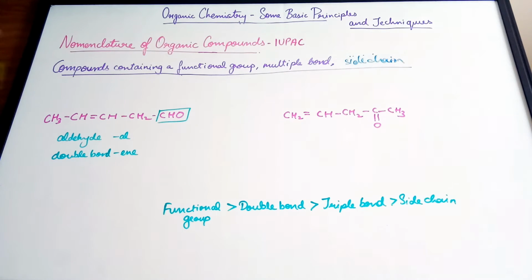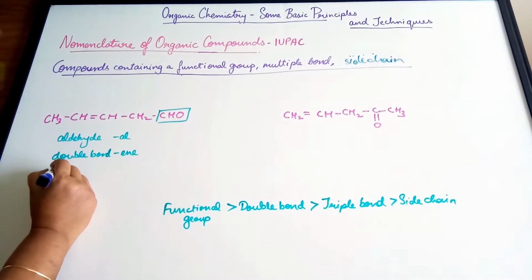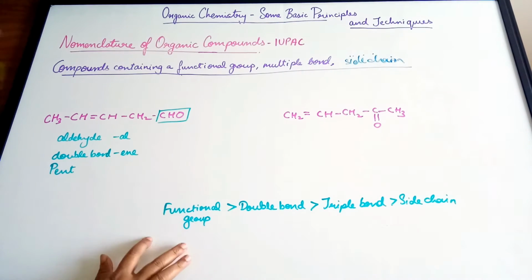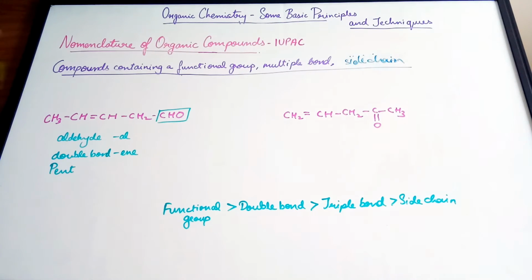Now we need to first count the number of carbon atoms to figure out what the root is going to be. So 1, 2, 3, 4 and 5, which means it's a 5 carbon chain, and its word root is pent. Next, we need to number it, and numbering is based on this: the functional group has the least number or more priority, then the double bond, then the triple bond, and then the side chain.